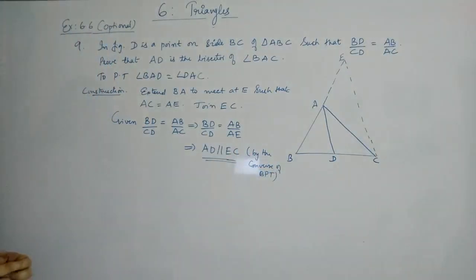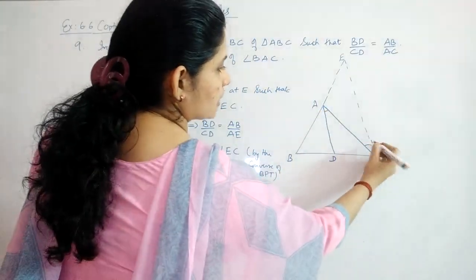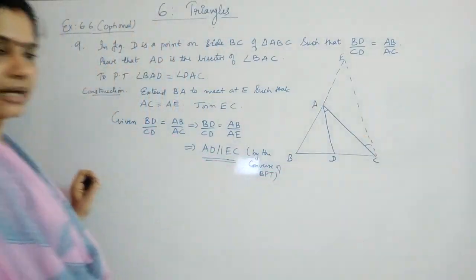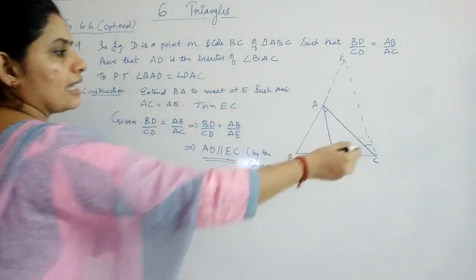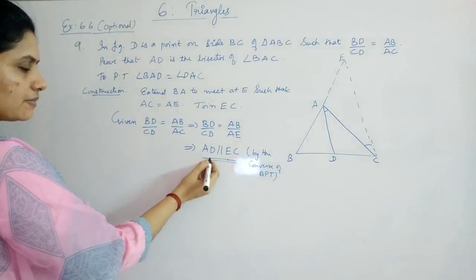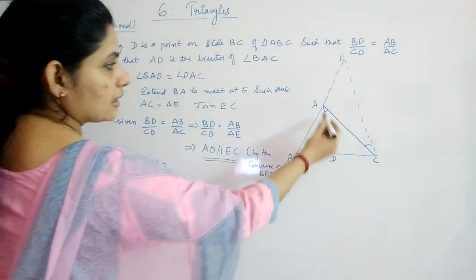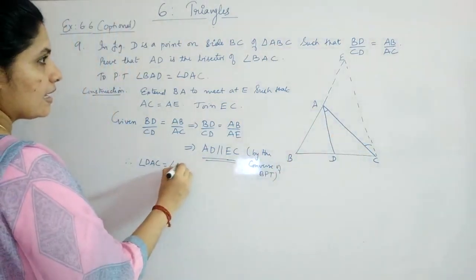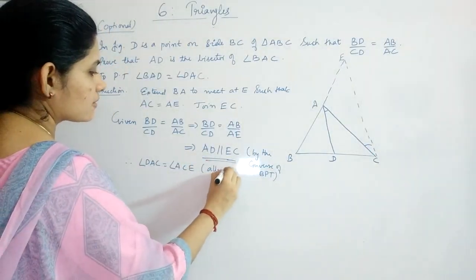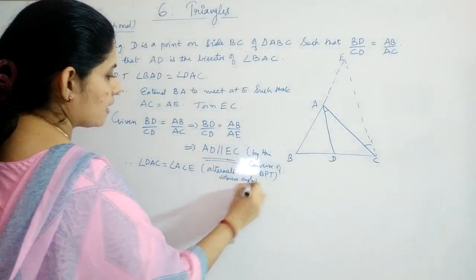Now using that parallelism concept, what we will get is, this angle will be equal to this one. How? Because this is acting as a transversal, and these are alternate interior angles for the two parallel lines AD and EC. Okay, so first thing which we have from this concept is, angle DAC will be equal to angle ACE. Reason is alternate interior angles.